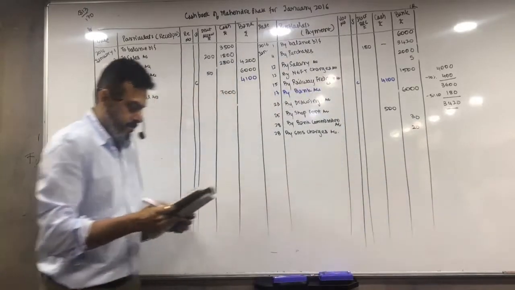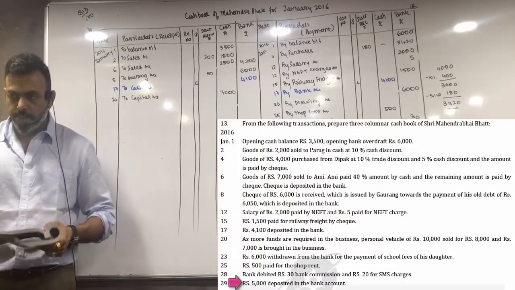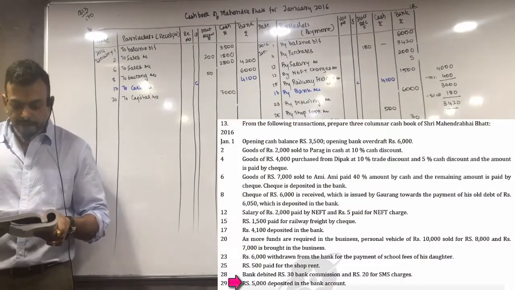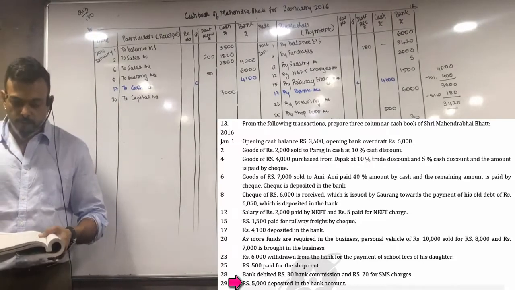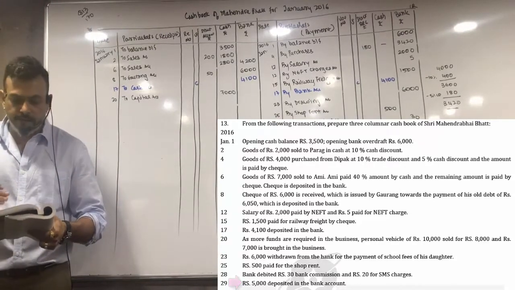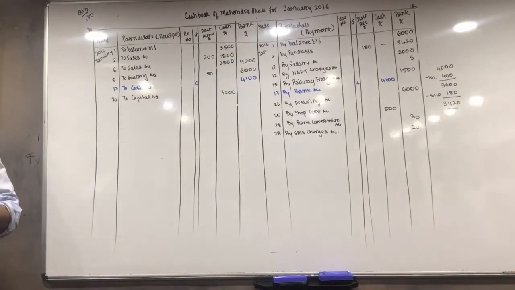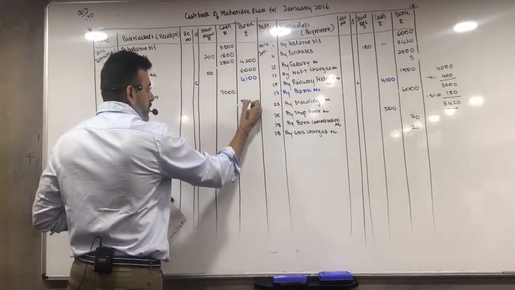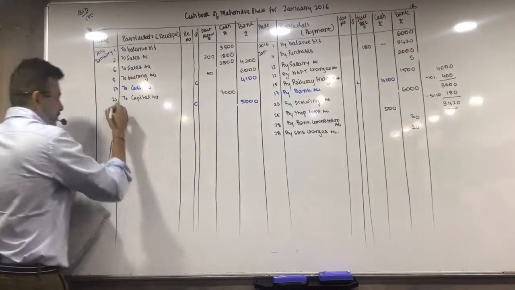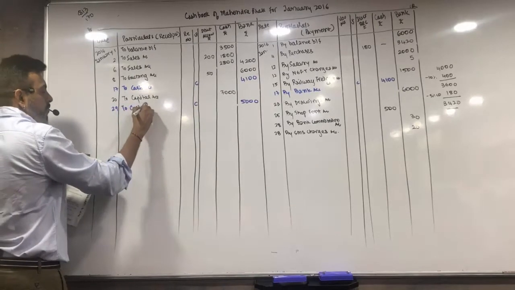Great. 29. 5,000 deposited in the bank account. So who is the receiver? Bank is the receiver. Bank balance increase. So receipt side bank column, 5,000 contra, to cash account.